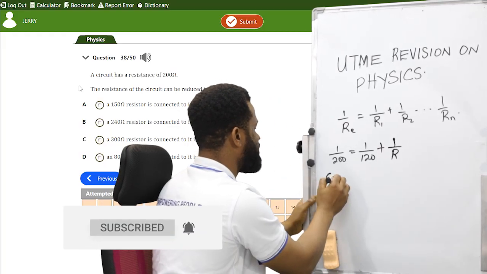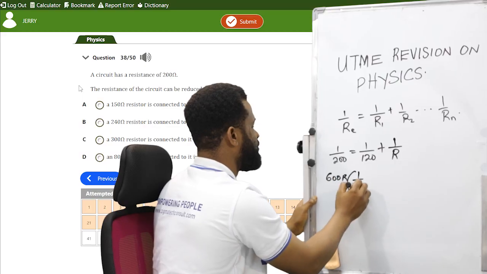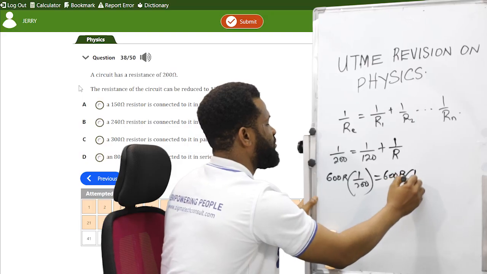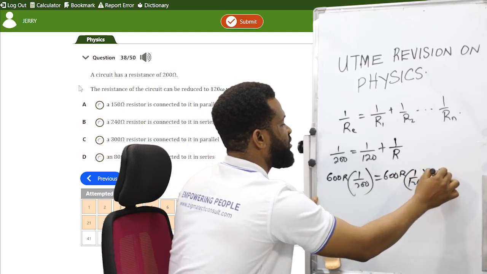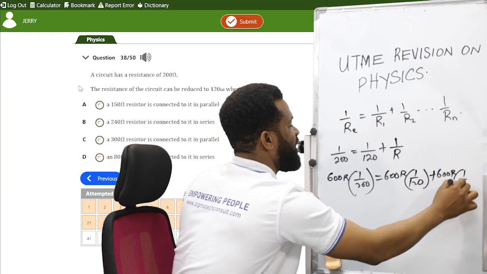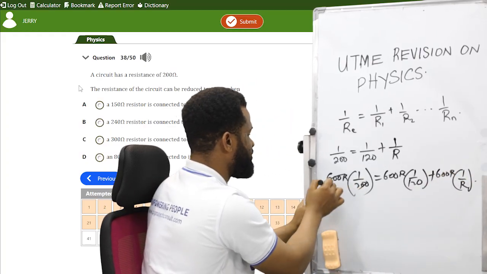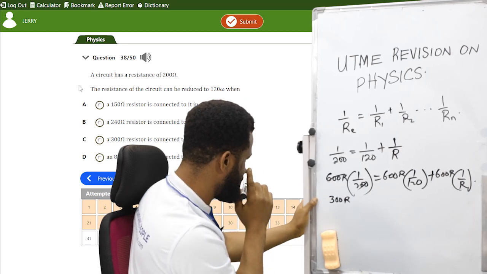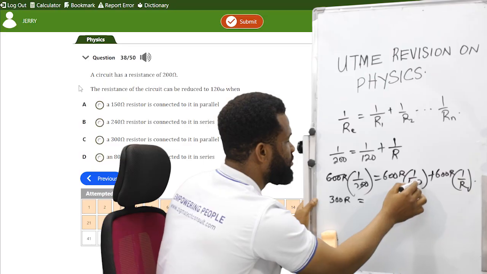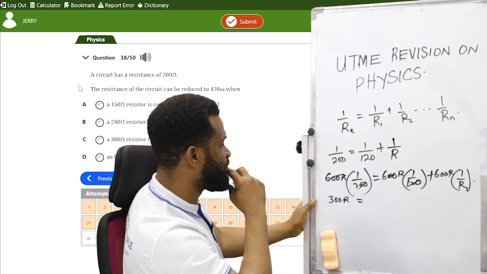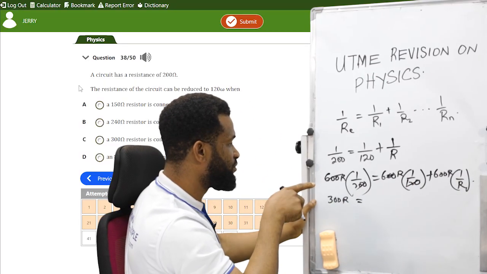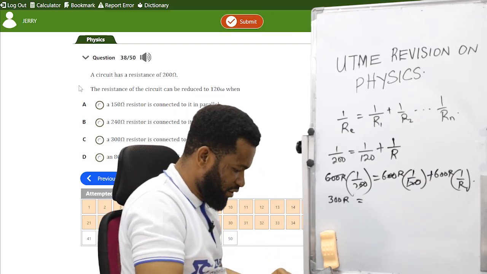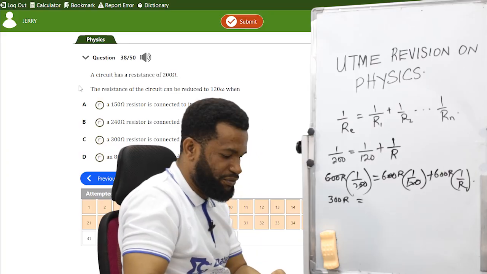So I'm going to have 600 R multiplied by 1 over 200 equal to 600 R multiplied by 1 over 120 plus 600 R multiplied by 1 over R. All right, this cancels this. I have 300 R, which is equal to 120 into this, which is going to be 5. 600 divided by 120, 5, correct.